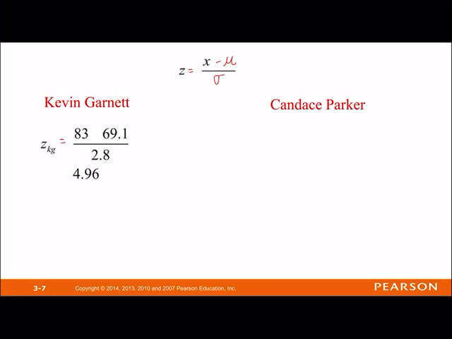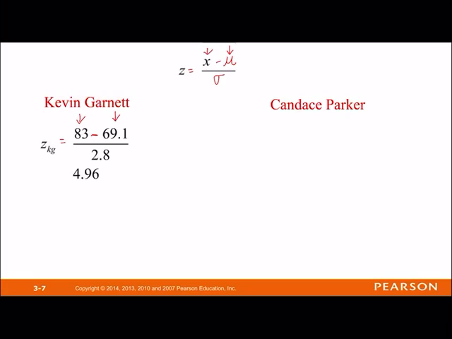So that's your x value. I took out that x and plugged in 83 for that first value. And I need my minus sign. Going back into the problem, the first sentence says the mean height for males is 69.1. So I took out the mu and I put in 69.1.